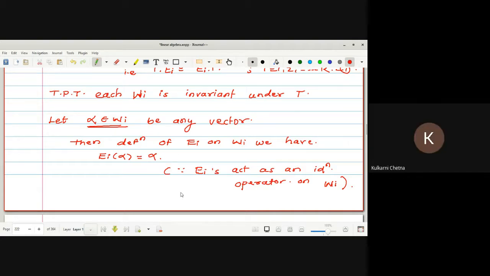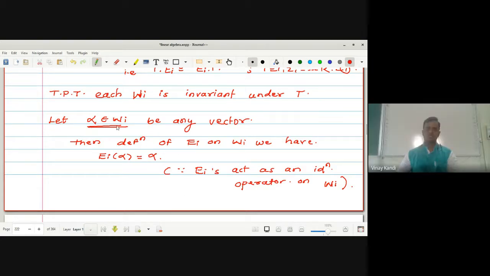No, sir. Okay, if alpha belongs to Wi, Ei of alpha is equal to alpha. That means Ei acts as an identity operator on Wi.